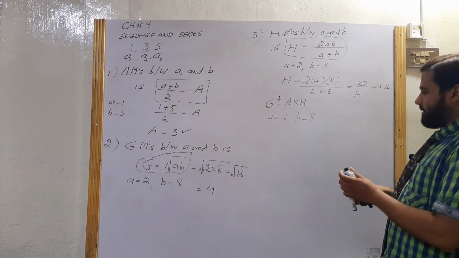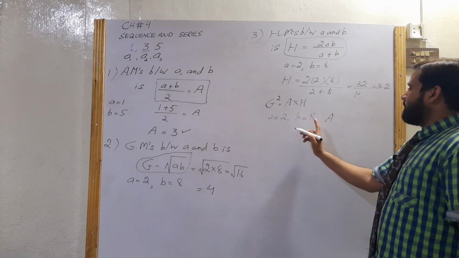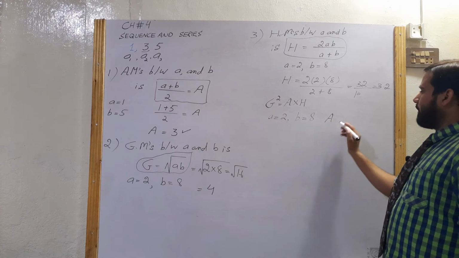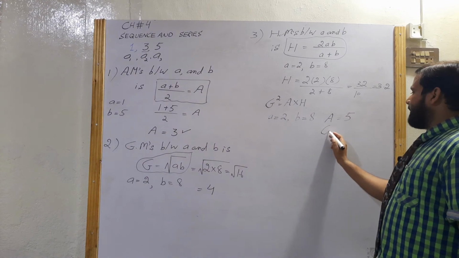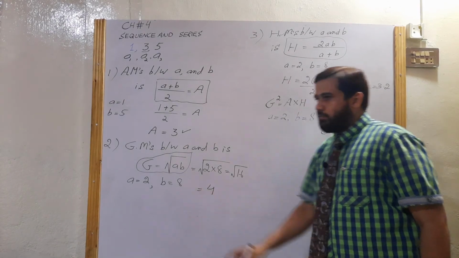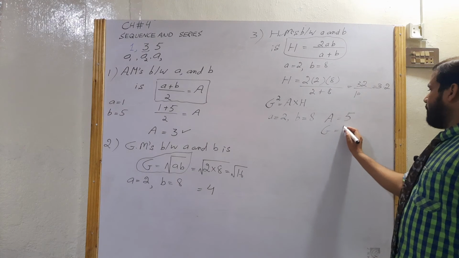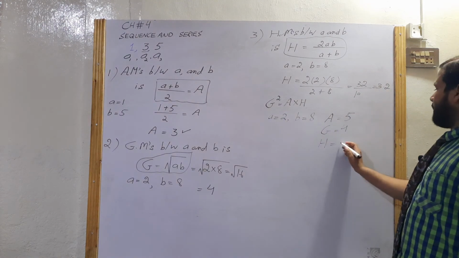In this case, clearly the arithmetic mean is 8 plus 2, which is 10, divided by 2, equal to 5. The geometric mean, we already found, is 4. The harmonic mean in this case is 3.2.